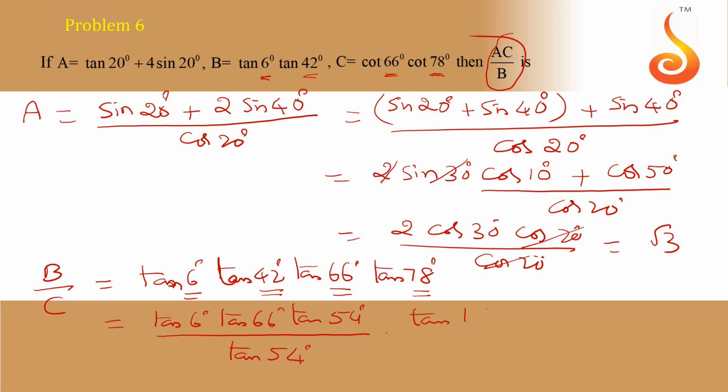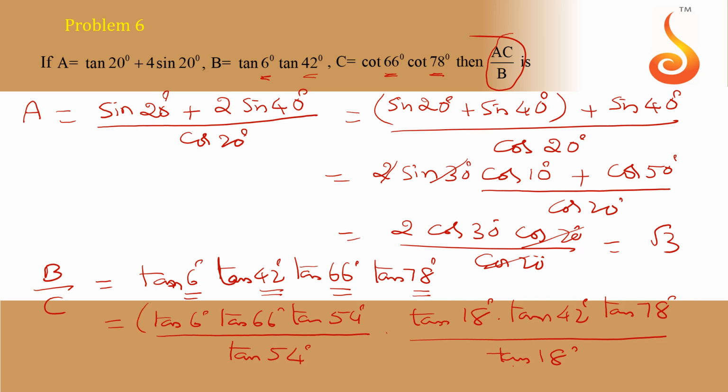Tan 18 into tan 42 into tan 78 by tan 18. Compensation. Here I multiplied, I am dividing.